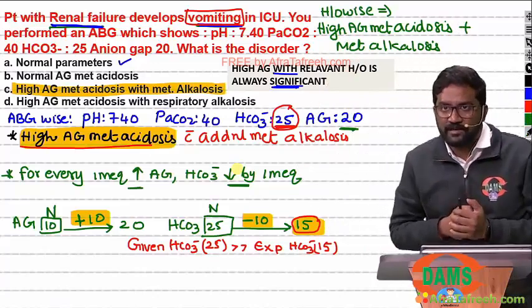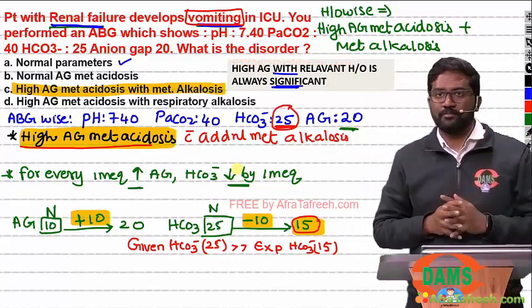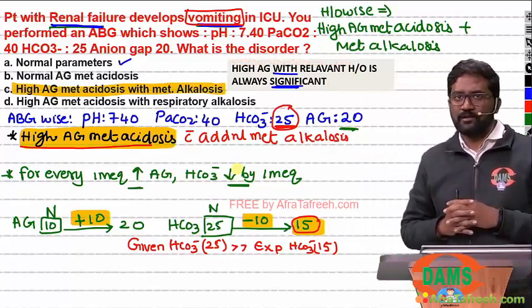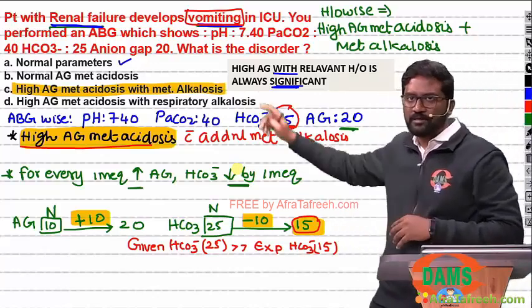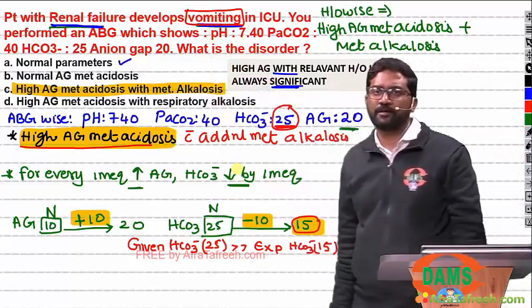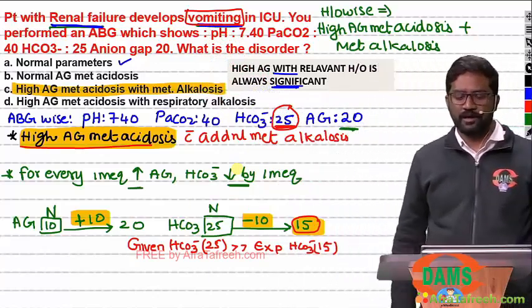Anything that adds extra bicarbonate is called additional metabolic alkalosis. Correlate with history. Is there anything that can add bicarbonate to the body? Yes, the patient is having vomiting. So it is high anion gap metabolic acidosis with additional metabolic alkalosis.